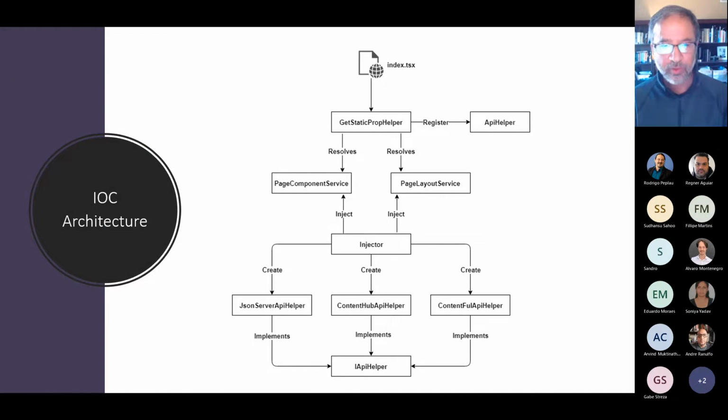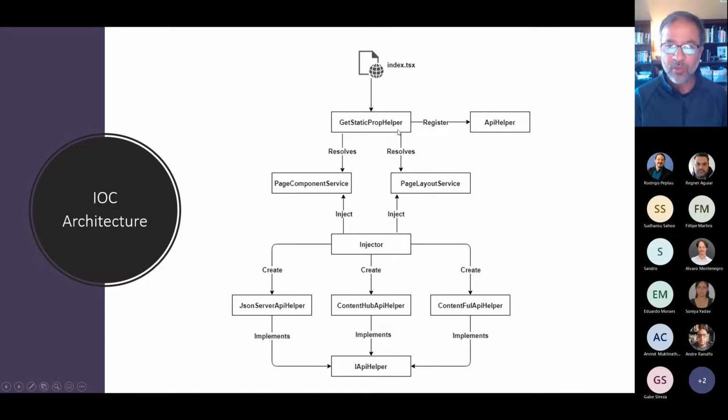inversion of control, so dependency injection. So what I have to do is basically come up with an IAPIHelper, and then I have a bunch of implementations of that helper. I have JSON Server, Content Hub, Contentful, and then I needed a dependency injection framework which will create this implementation and inject that in my page component service and page layout service.